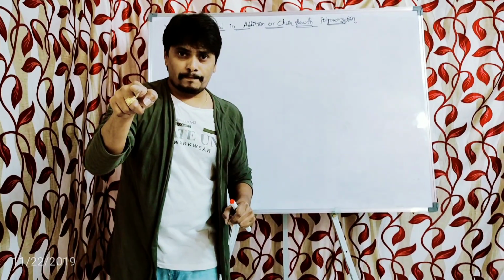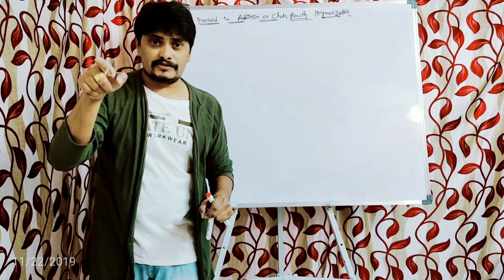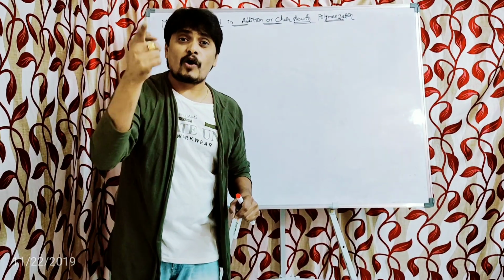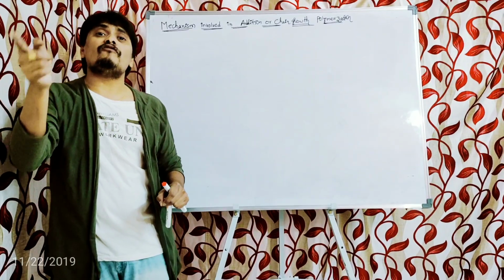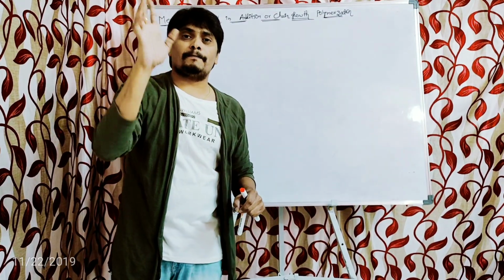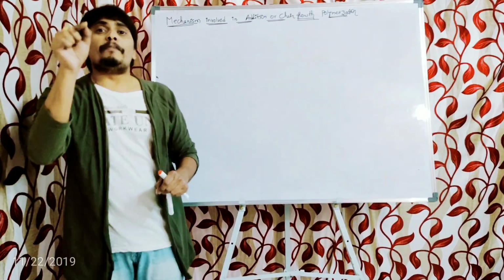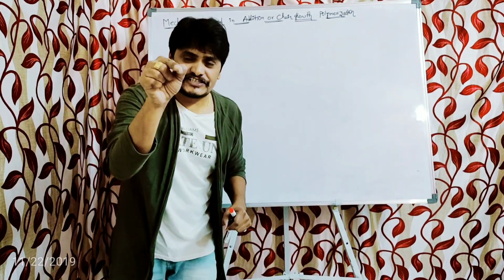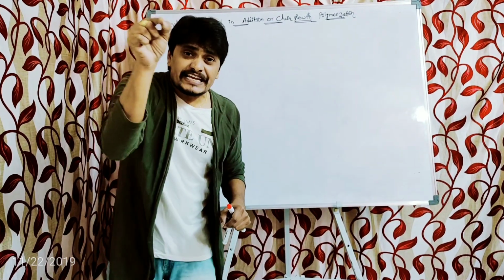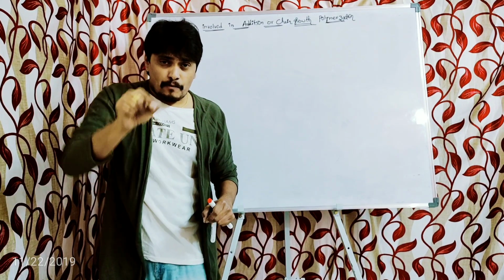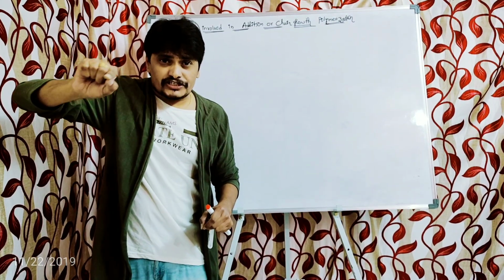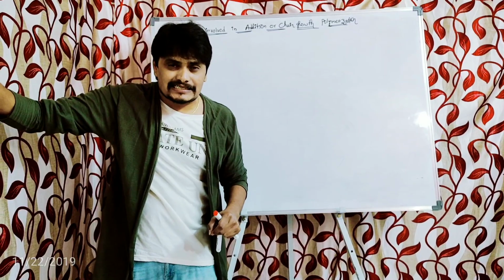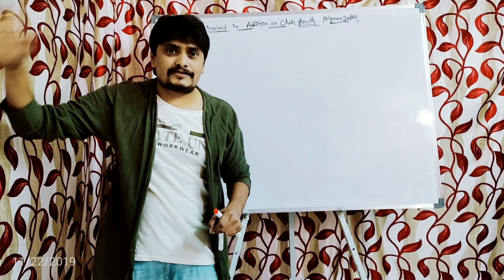But the question is, what is the role of benzoyl peroxide? Now I am going to discuss the role of benzoyl peroxide. Benzoyl peroxide is the chain initiator by which the addition or chain growth polymerization starts or initiates.